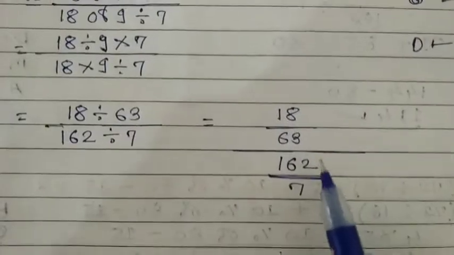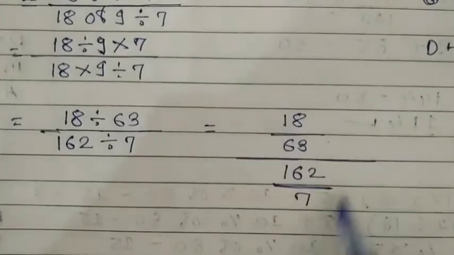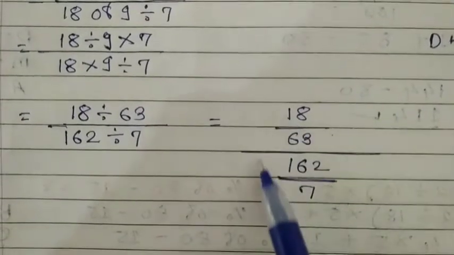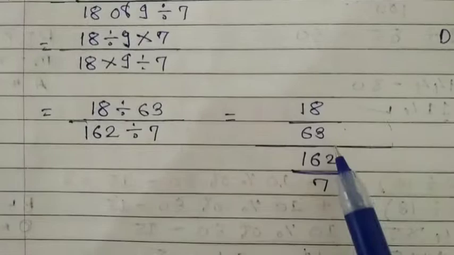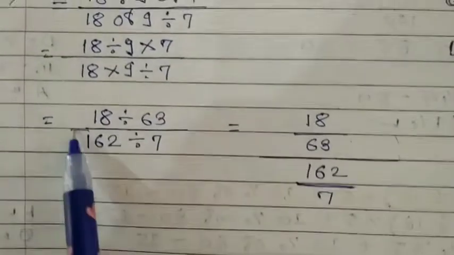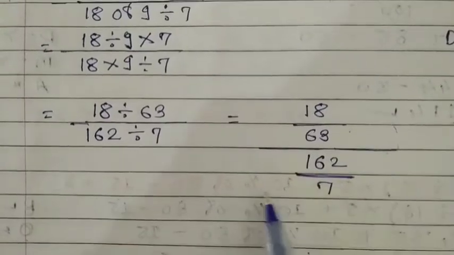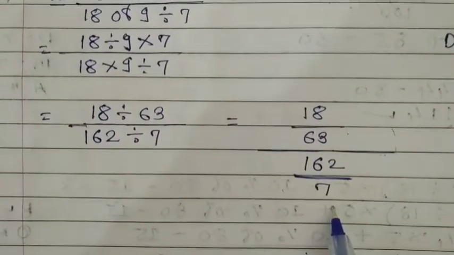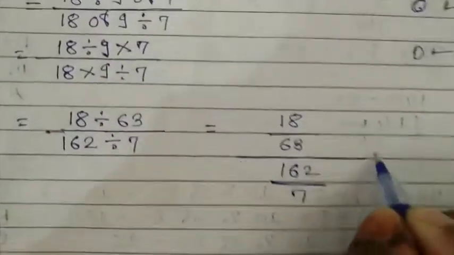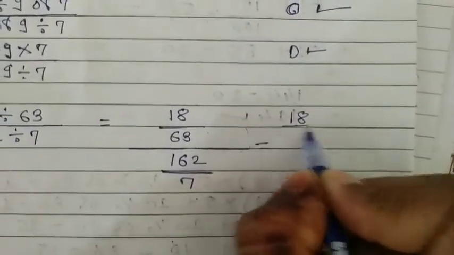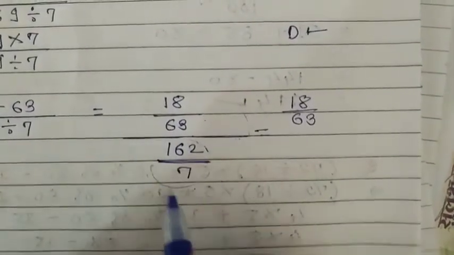We can also write it in this form. Okay, students, 18 divided by 63, then divide means divide, then 162 divided by 7. So we can write 18 divided by 63. This is the denominator term.